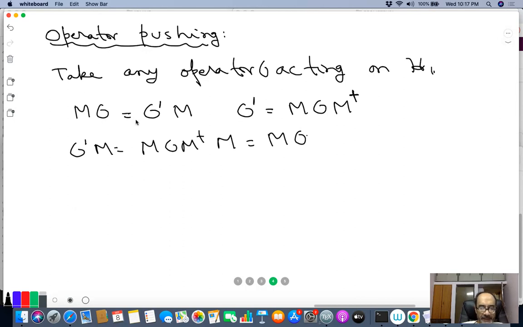But physically, what this is saying is that if we have any operator acting on the input Hilbert space H1, then this can be represented as another operator O prime acting on the output Hilbert space. That's the meaning of operator pushing. You can represent an operator in H1 as an operator in H2 if the map is an isometry. Is this point clear?